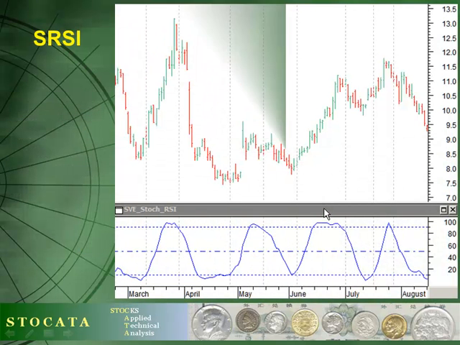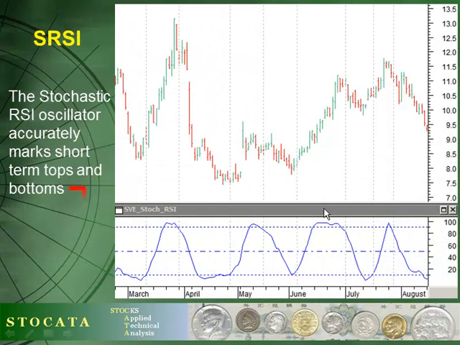In this chart you can see how the stochastic RSI oscillator accurately marks short-term tops and bottoms. This is the main purpose of this oscillator, giving short-term entry and exit signals. SRSI will help you if you want to take a short-term profit to get you back into the medium term on the next short-term reversal.